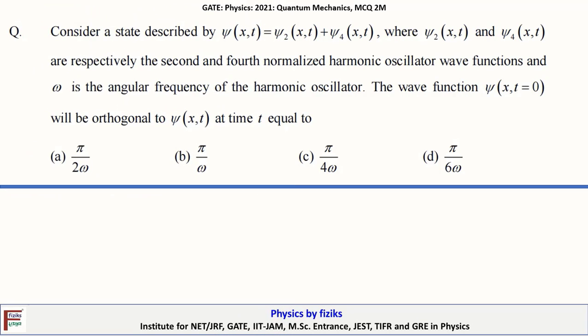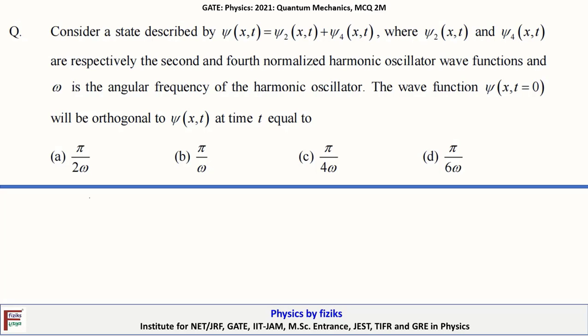We have been provided this wave function psi 2x. The question is asking at what time t the wave function psi(x, 0) will be orthogonal to psi(x, t). So let us write it down.